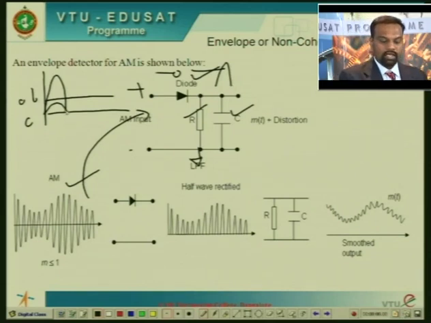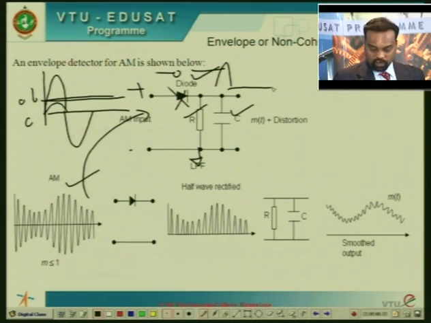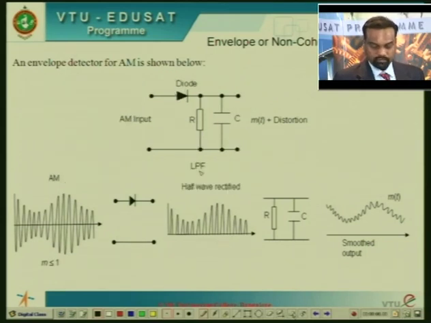Suppose you apply a negative voltage across the diode. Because this negative voltage is less than the threshold, that is the cut-in voltage of the diode, the diode will be switched off. Because it is switched off, the output will again be equal to 0. So in the simple circuit we have discussed here, the diode plays a very important role in the envelope detector, because the diode works as a switch.